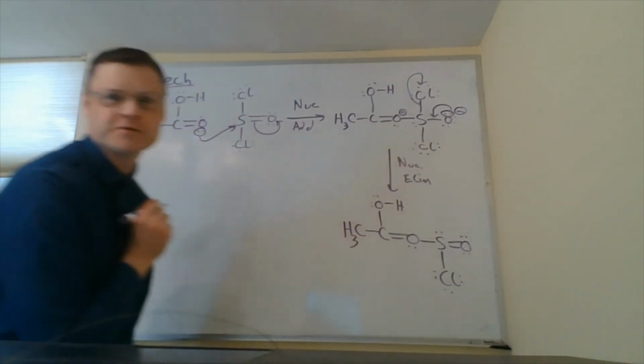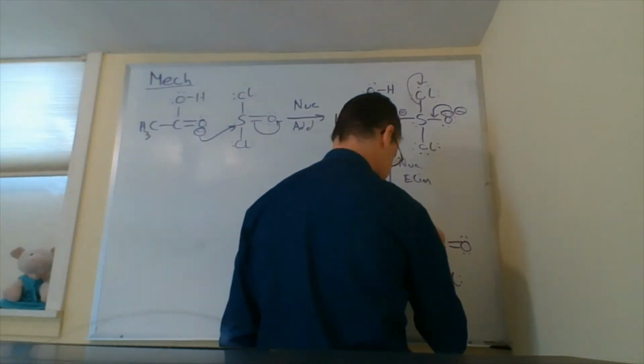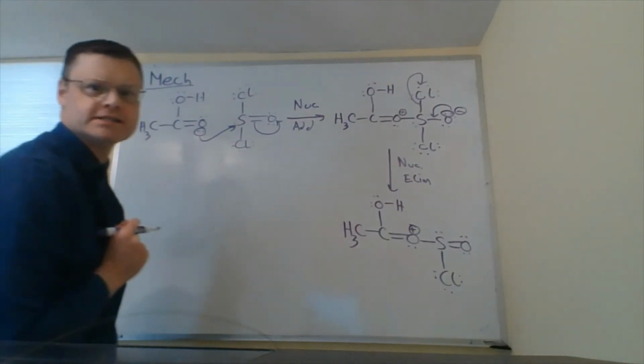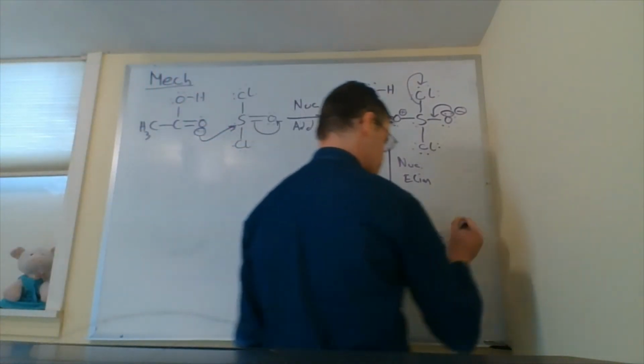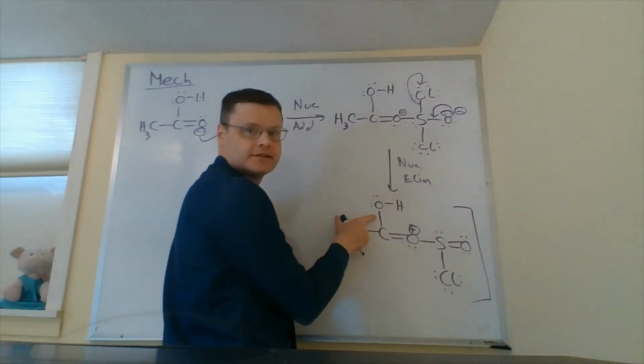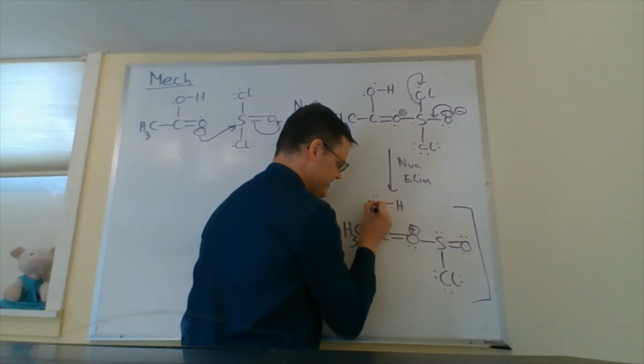Okay, so we make that. All right, there's a plus charge on this oxygen. Don't forget that. All right, and this has a resonance form. Okay, so we can delocalize this lone pair on this oxygen. I don't know if you can see it, but it's there.